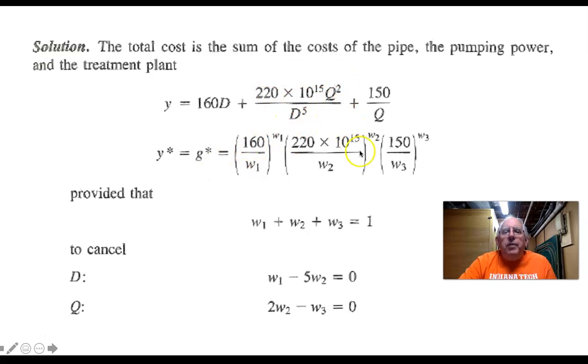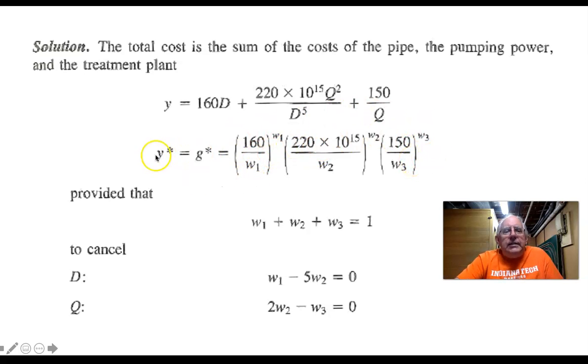The second term has the constant 220 times 10 to the 15th, divided by the second W, W2, raised to the W2, as part of the product sequence. And finally we have the constant C3 divided by W3, raised to the W3. So in the spirit of geometric programming, we have the three components.